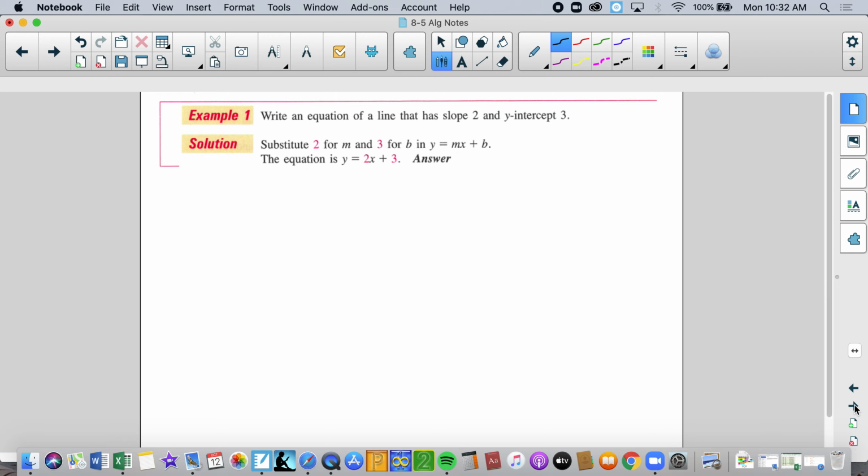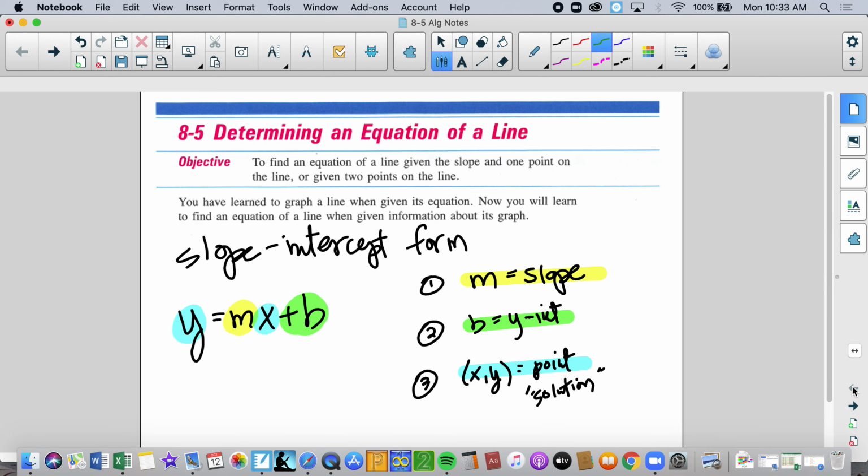So if we look at this first example, write an equation of a line that has a slope of 2 and a y-intercept of 3. Do I have two of these three? I'm given the slope and the y-intercept. So yes, if I'm given two of these pieces of information, then I can write an equation in slope-intercept form.